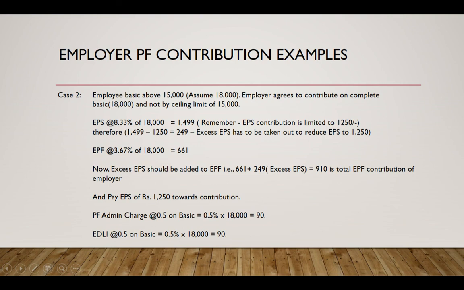So the resultant amount is 910 rupees. So to summarize, the PF contribution would be 910 rupees and EPS contribution would be 1,250 rupees. And PF admin charge and EDLI are calculated in usual way at 0.5% of basic.